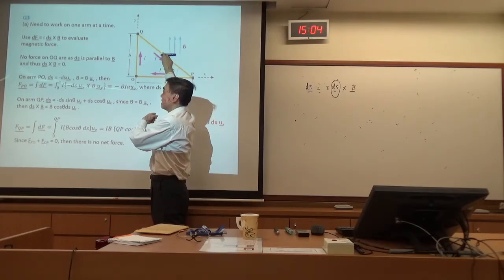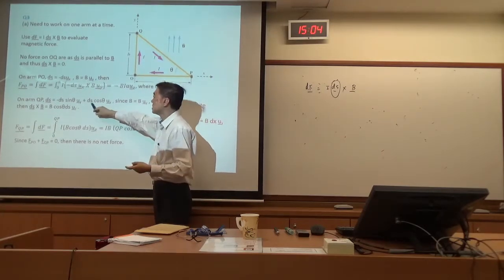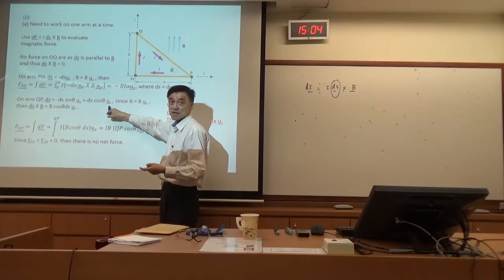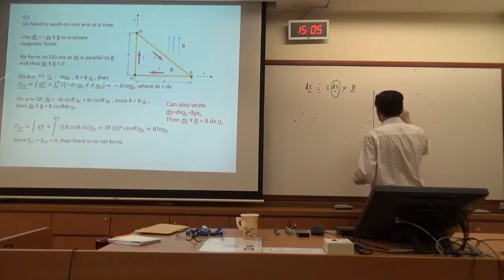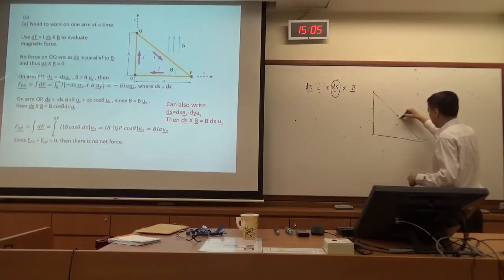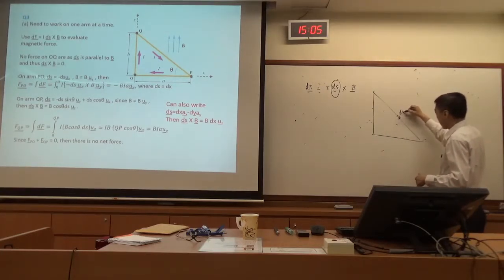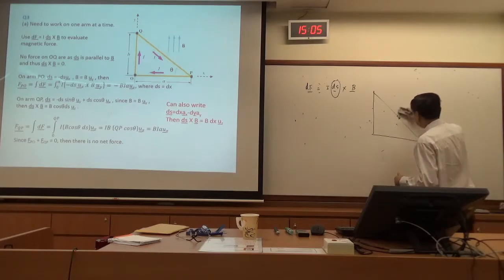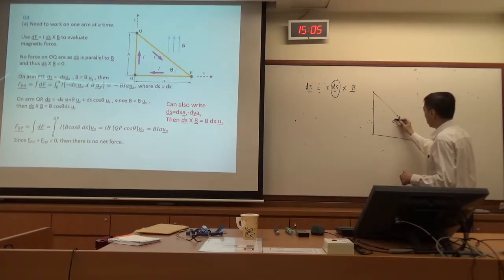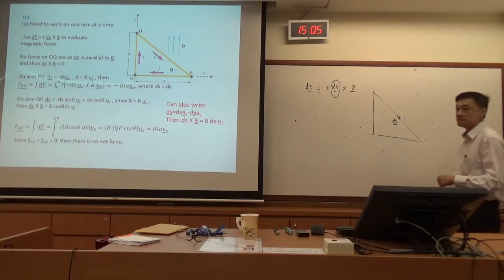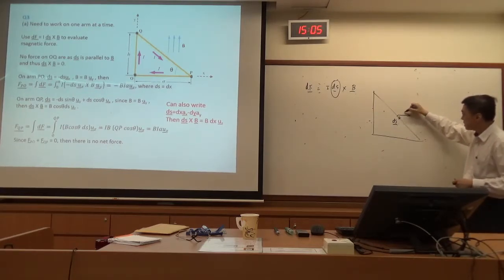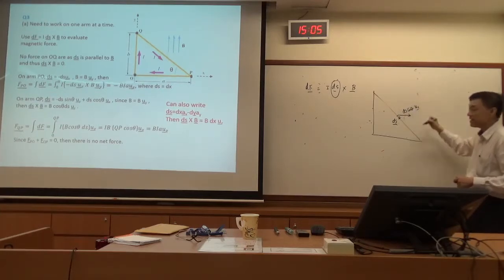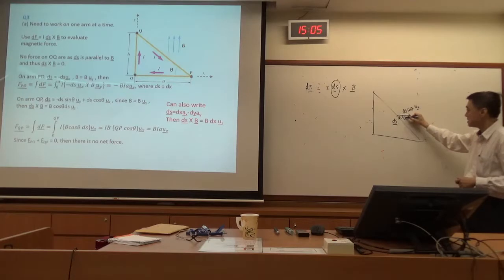ds cosine theta is ux. Okay, I draw it down. This is a vector. This is ds cosine theta ux, if this angle is theta.